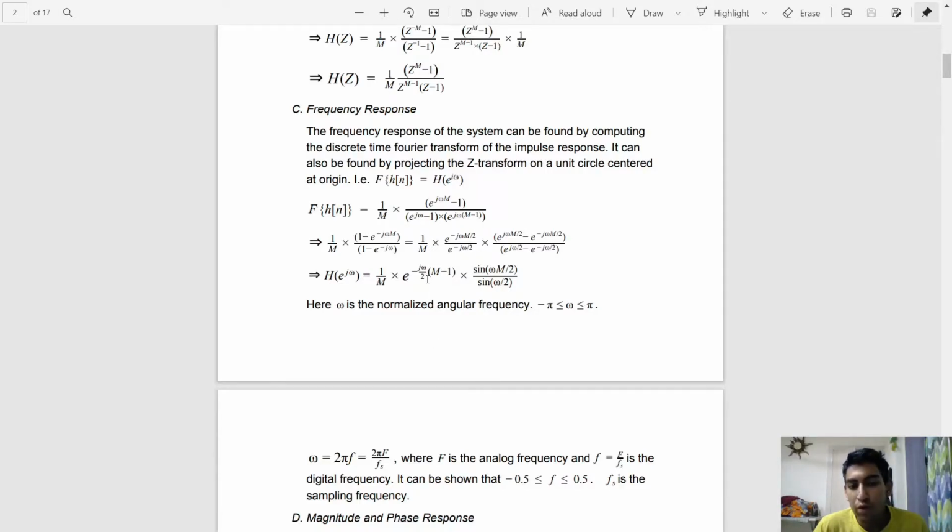It is important to note that the omega in this equation is the normalized angular frequency, and its value varies from minus pi to pi, and after that it just repeats. So you can take any interval, you can take it from 0 to 2 pi, or from pi to 3 pi, but omega is taken from minus pi to pi, and it is a continuous variable.